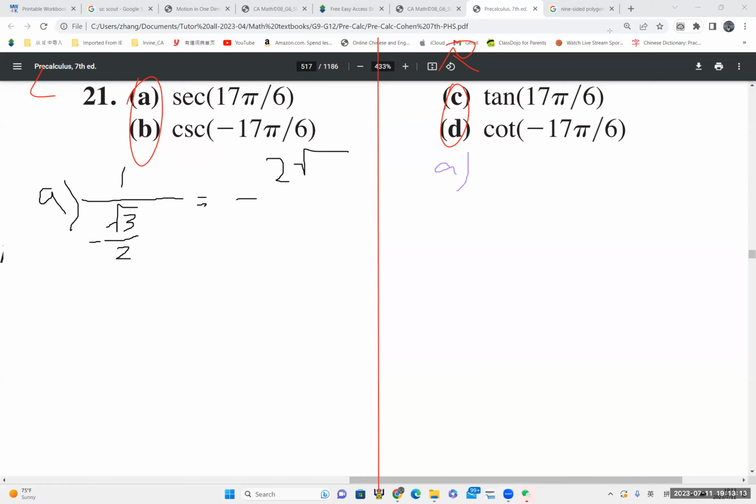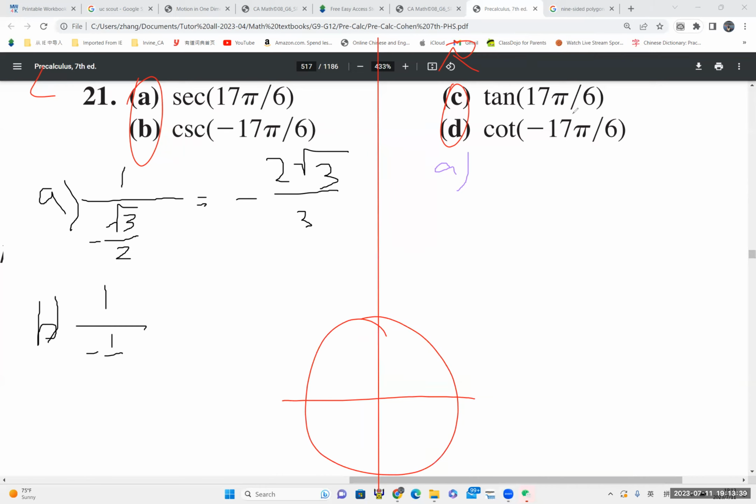Secant. Let's use the unit circle to find these two points. Secant. If it's 3 pi, then it's here. So the final is about here.